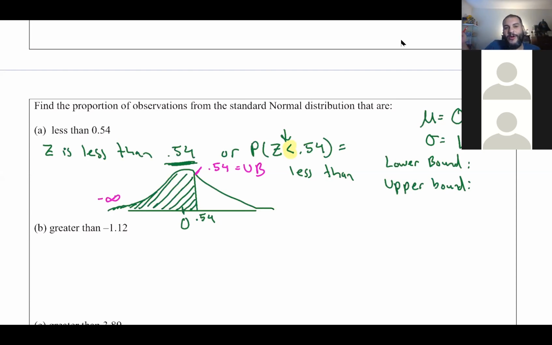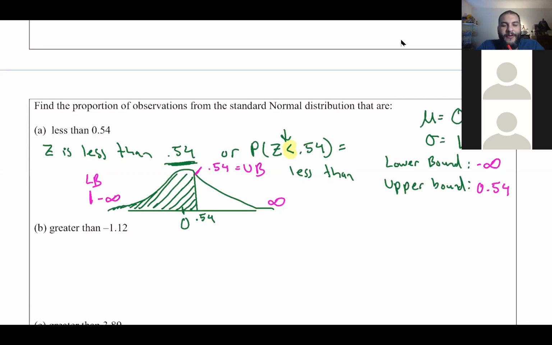If you keep on going to the right-hand side, we say it's going to positive infinity. So since we keep on going on the left side, the lower bound is negative infinity. Right here we put negative infinity, and right here we put positive 0.54. Everybody so far good with the lower bound and the upper bound?